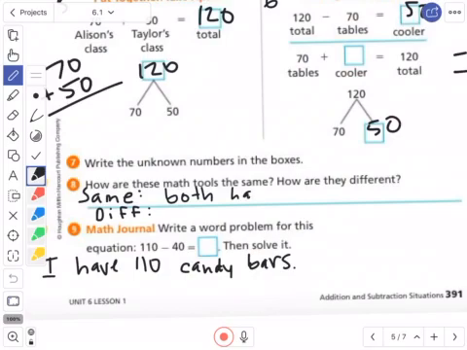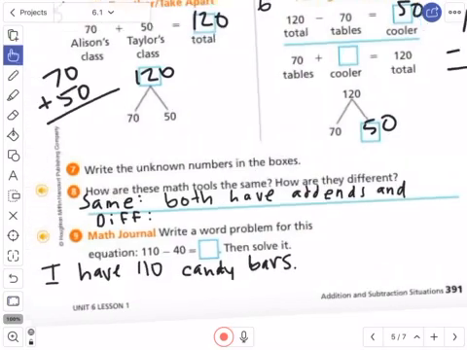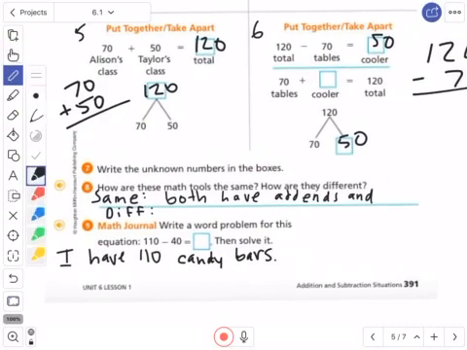Both have add-ins and totals. Kind of write as best as I can here.